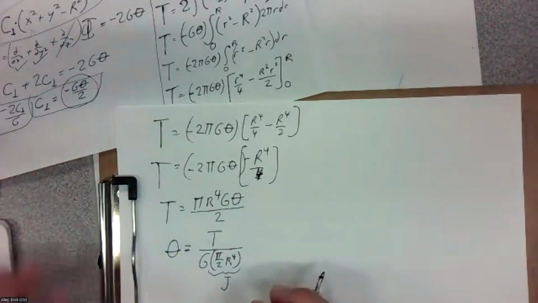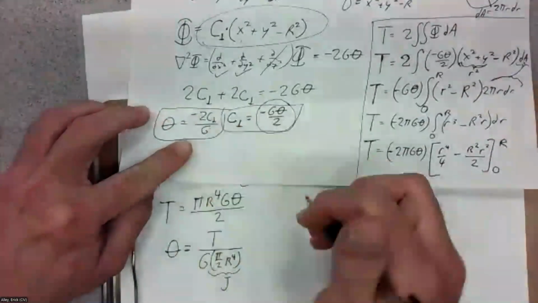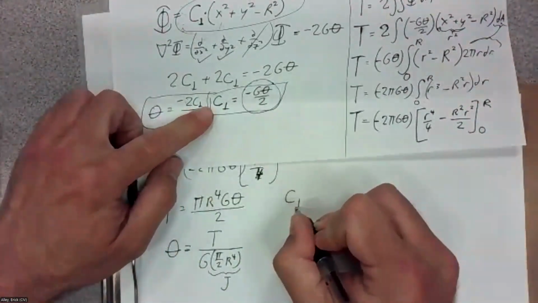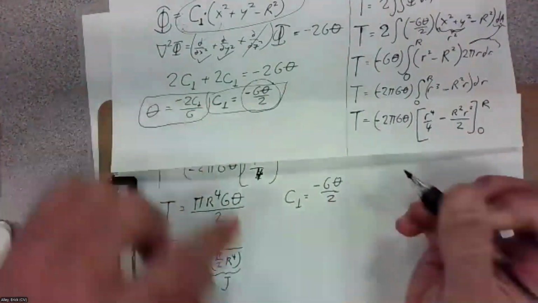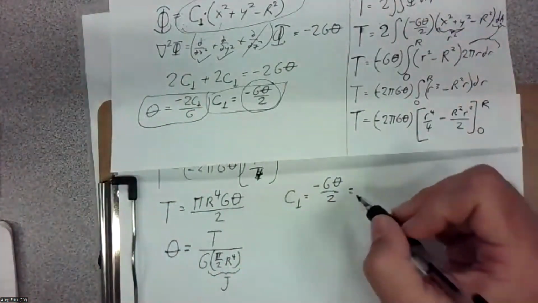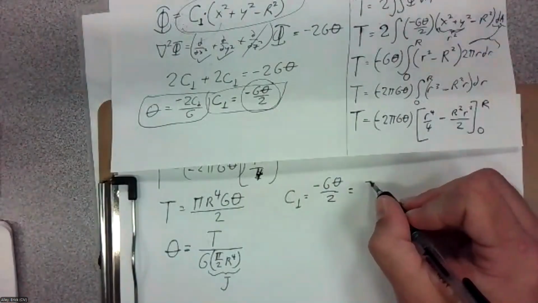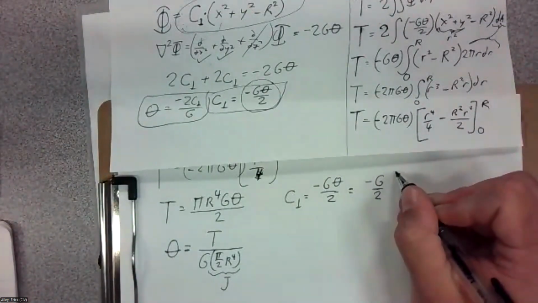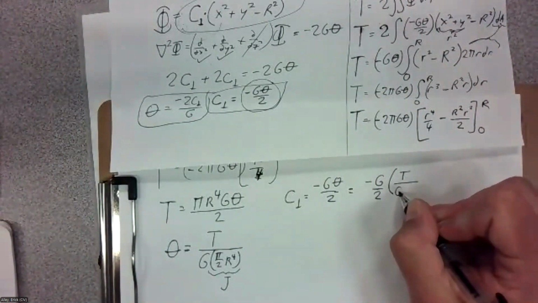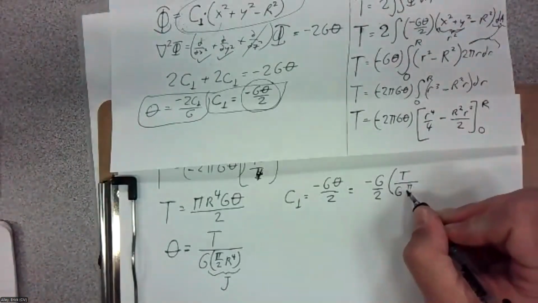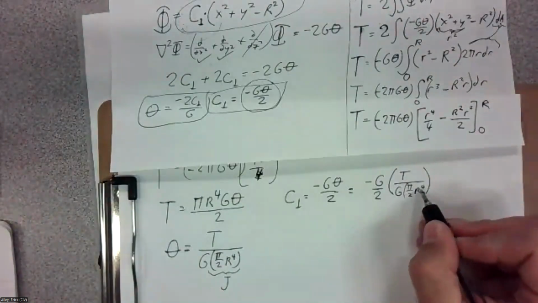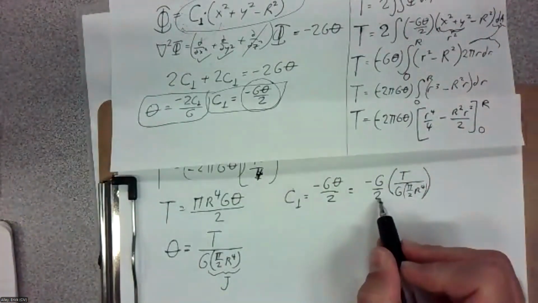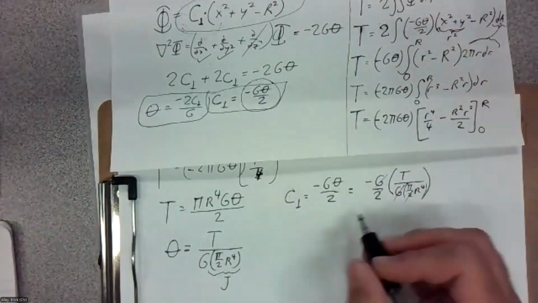And then we can go back a little bit here, and we said that C1 was going to be minus G theta over 2. So I can go back in here. I've got minus G over 2, and then my theta was T over G, and then that pi over 2 r to the 4th right there. We see there's J intact. I'm going to break that up by getting rid of this 2 and 2 and the G and G here.